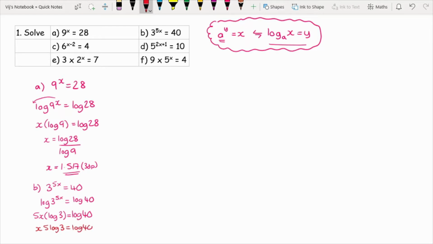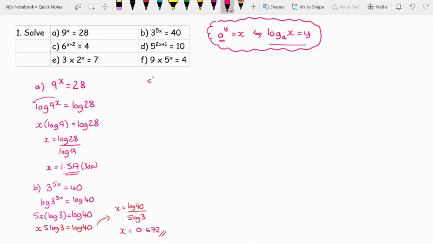It doesn't really make a difference, but I'm just making it easier for me to type into my calculator. So that's going to equal log 40 over 5 log 3. Let's just make that a little bit neater. Glad I've got a rubber. And if I type that into my calculator, I get 0.672 to 3 decimal places.